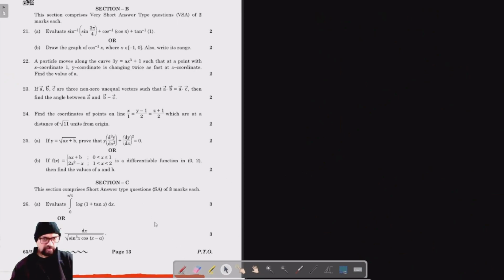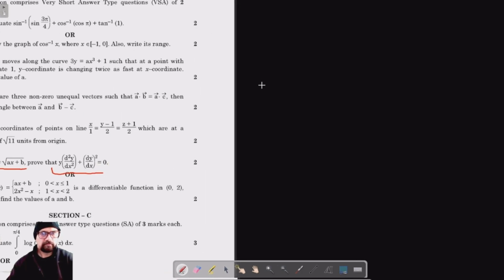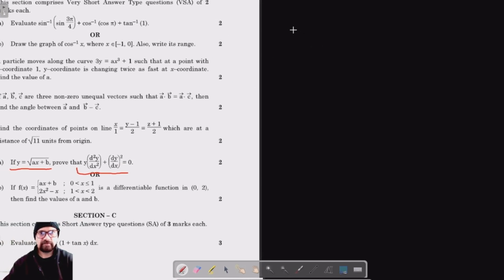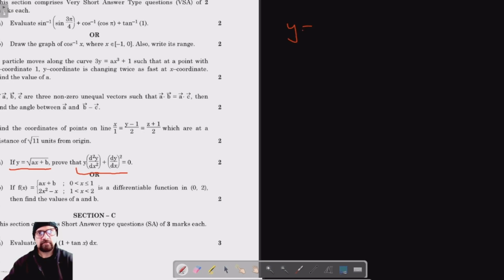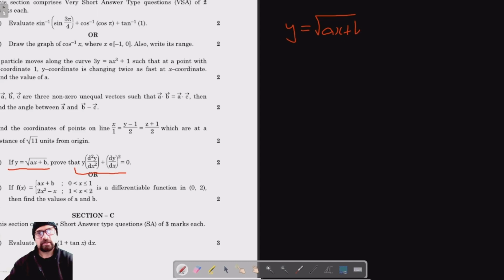Okay, we are on to question number 25. And for the first part, it's given the function is y is equal to under root ax plus b, and we have to prove that y into the second order derivative plus the square of the first order derivative is equal to 0. So let's write down our function first. The function is y is equal to under root ax plus b.